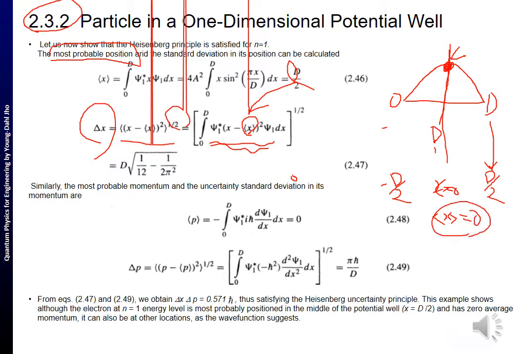So the most probable position will be 0. And then this calculation will be simpler, okay? Because this one is now set to be 0, okay?